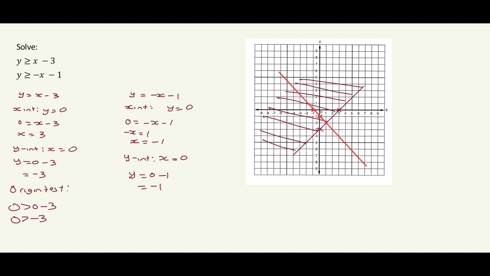So now we need to find the region that satisfies that inequality. We're going to use the origin test again. So we're saying 0 is greater than or equal to 0 minus 1. So 0 is greater than or equal to minus 1.